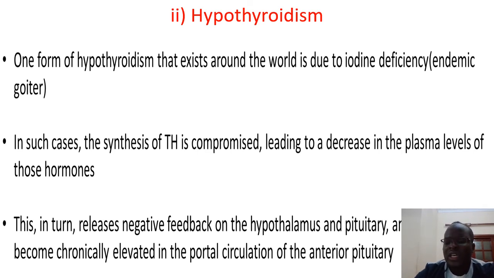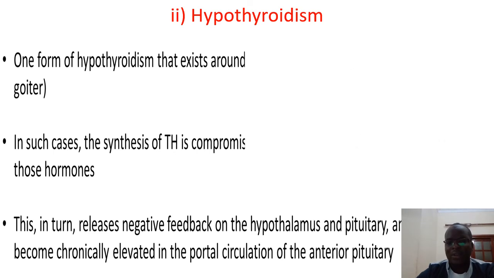The thyroid hormones are supposed to send a negative feedback mechanism to inhibit the production of thyrotropin releasing hormone and also thyroid stimulating hormone. Without these hormones, the negative feedback is not there. So in plasma, the concentration of thyrotropin releasing hormone and also thyroid stimulating hormone is going to be more because there is no negative feedback mechanism.